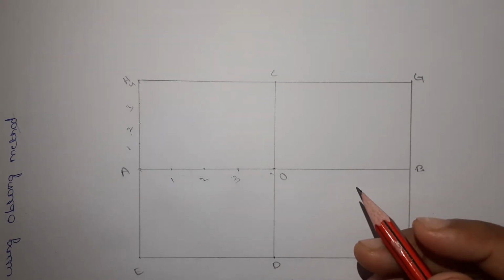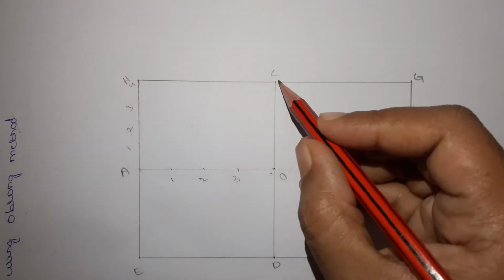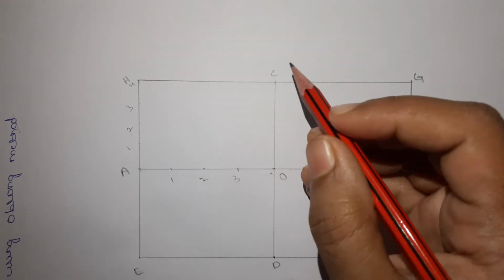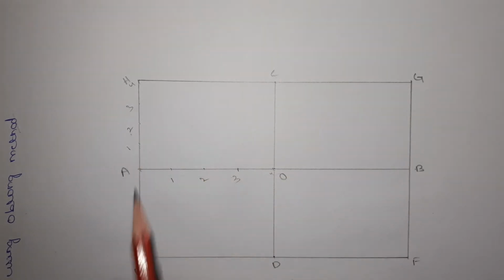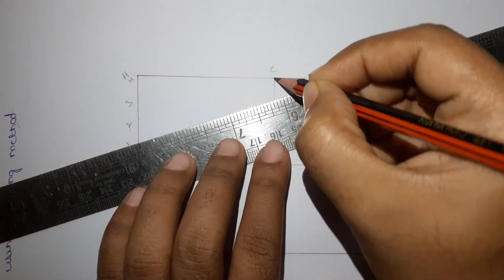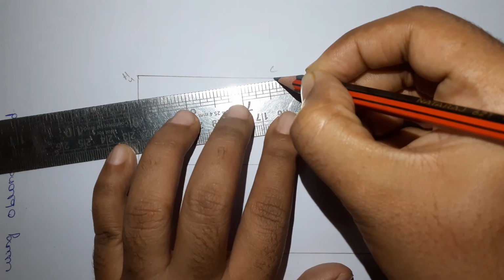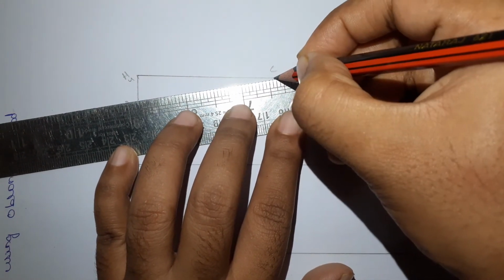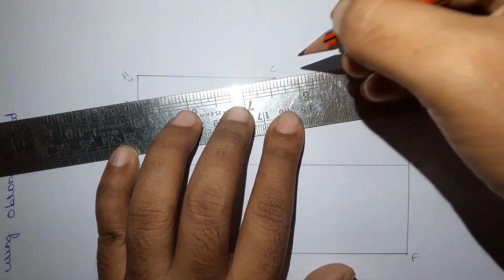Now the third step is from C. Join 1, 2, 3 points on AH line. This is C, and join the points 1, 2, 3 on AH line.